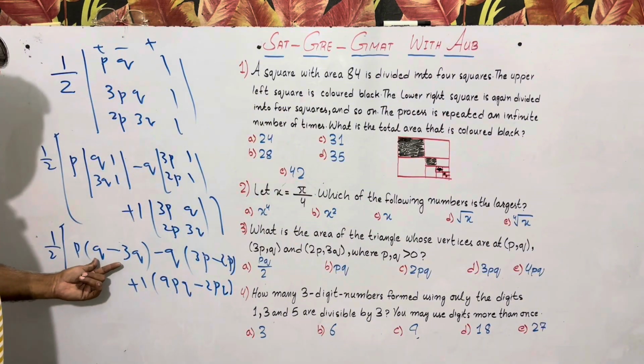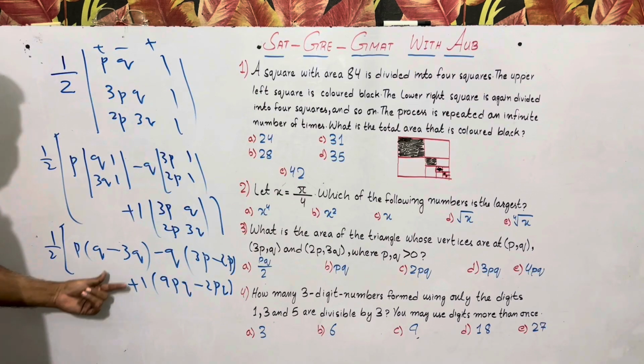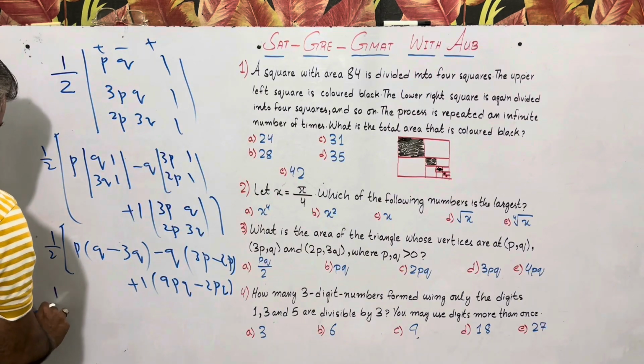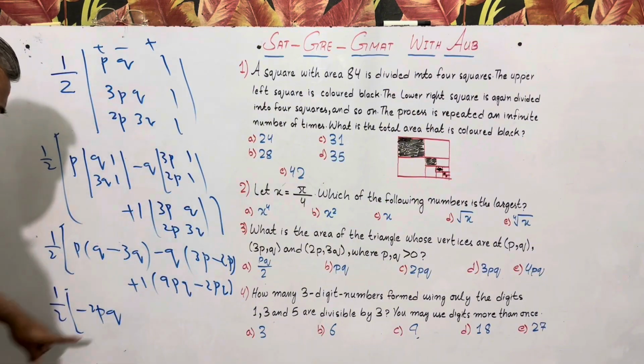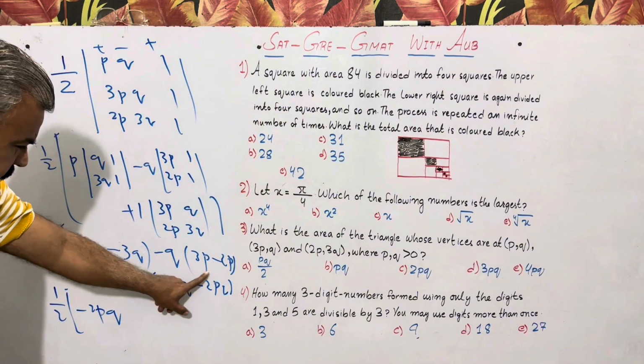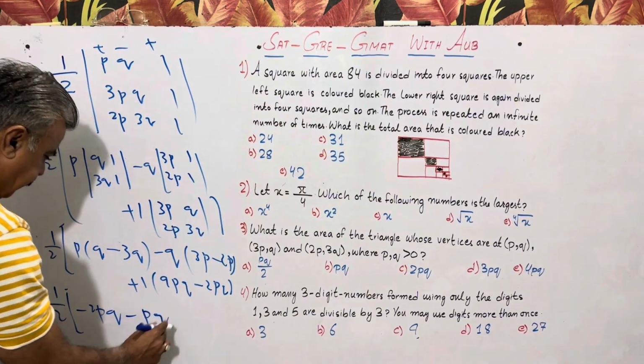Simplify them: positive q minus 2q, positive q minus 3q. We have negative 2q multiplying with the p, it becomes negative 2pq. And in this one only p is left, 3p minus p times q, it's negative pq.